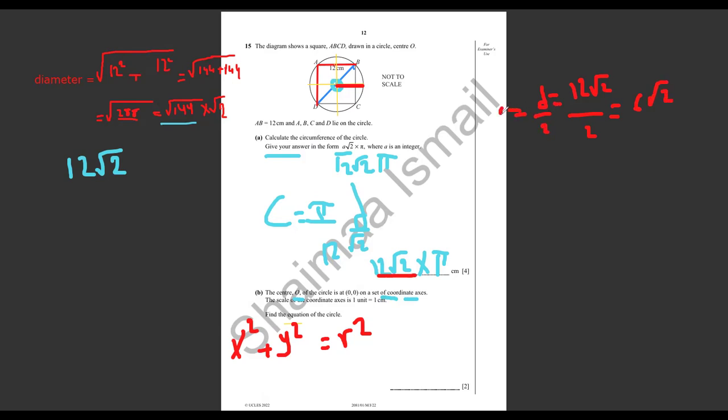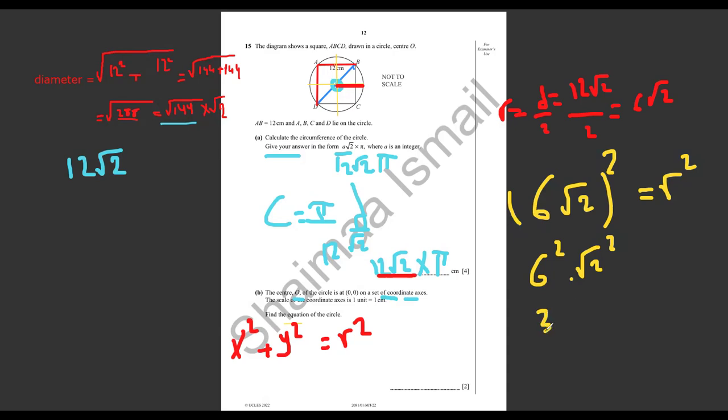To get r squared, we don't have a calculator, so we say 6 root 2 squared equals 6 squared multiplied by root 2 squared. 6 squared is 36, root 2 squared is 2, and multiplying them gives 72. So the equation will be x squared plus y squared equals 72.